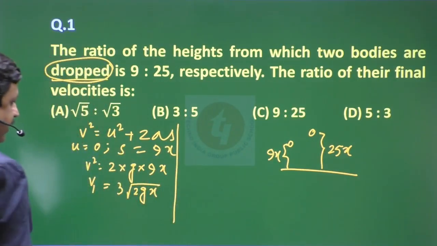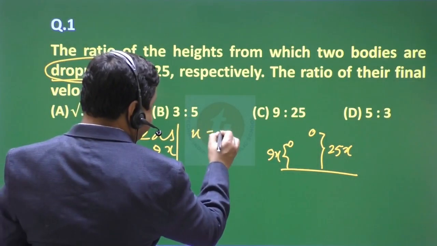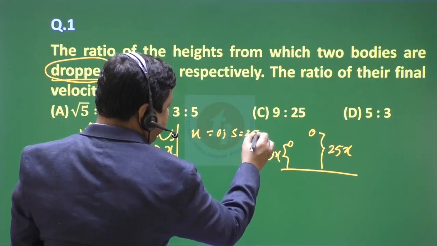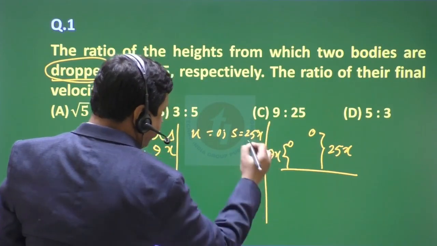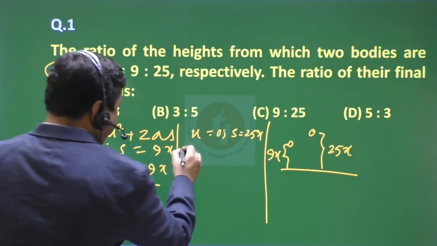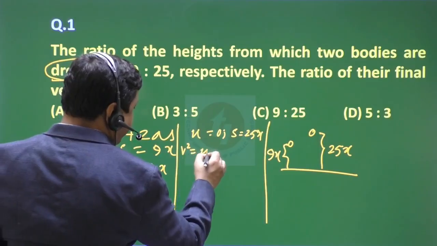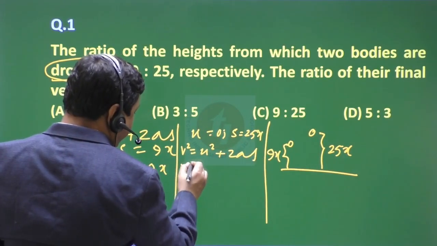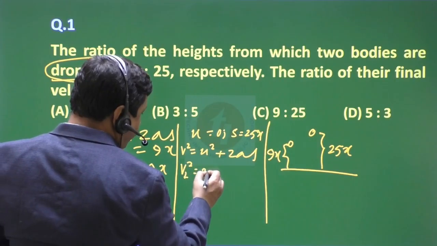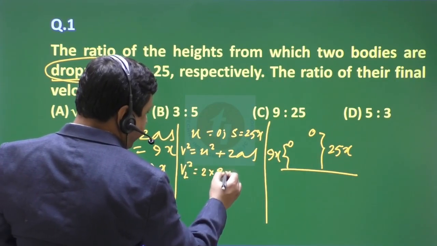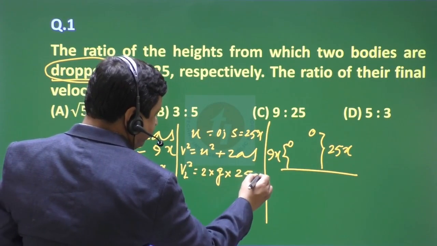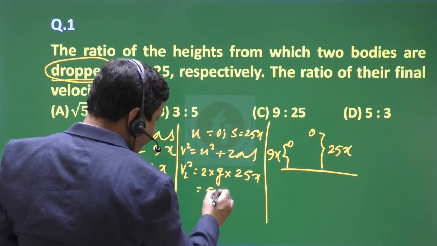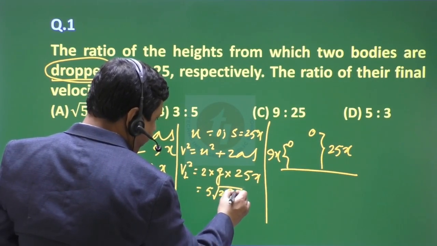In the second case u equals 0, but s is given as 25x. We have to put the same formula, v square equals u square plus 2as, and then v2 square equals 2 into a, which is g, and s is 25x. So there will be 5 root of 2gx.